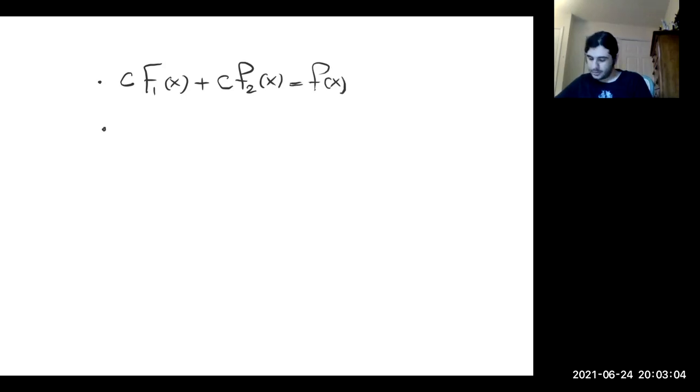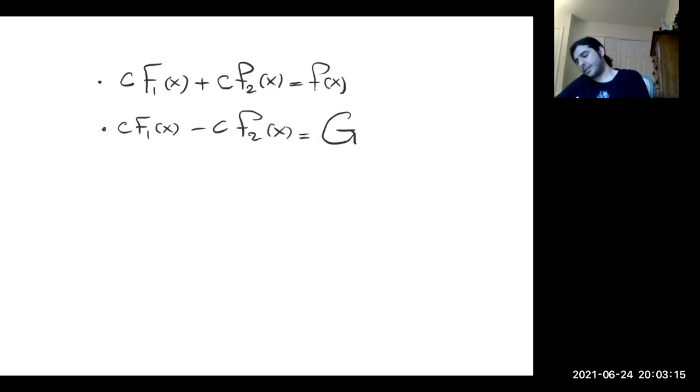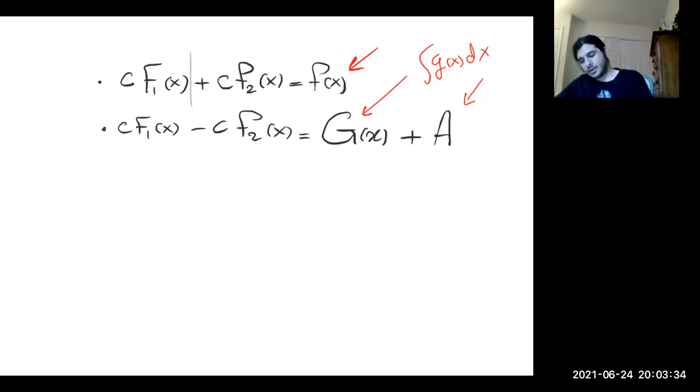Equation number 2: c f1 of x minus c f2 of x equals that integral, which we denote with capital G(x), plus a constant a. Again, f of x is something we know. a is just a constant of integration, and G is the integral of g(x) dx, which is also something we know. The unknowns for us are these two functions, which we are looking for.